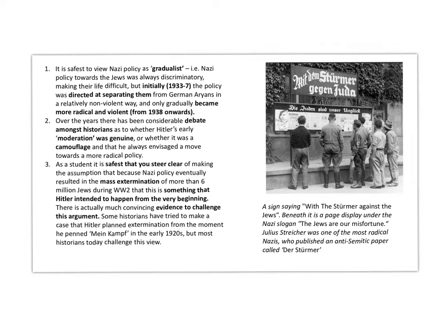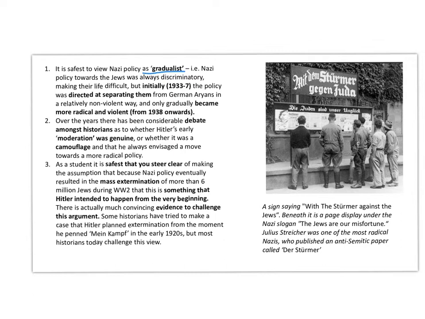Now, after 60, 70 years of research and looking at the evidence, the majority of historians today would pretty much reject that view. It is safest to view Nazi policy as being something that gradually evolved over time towards what happened in World War II.